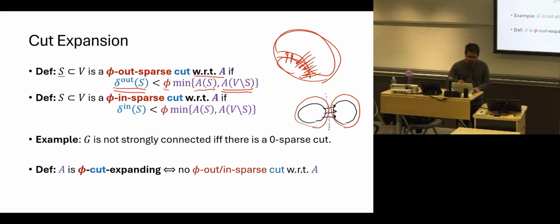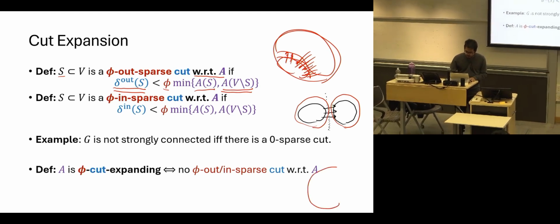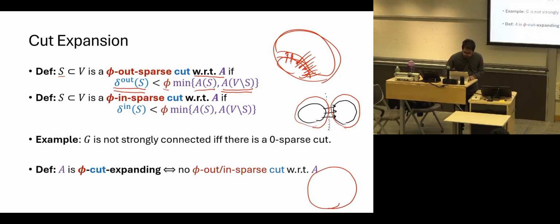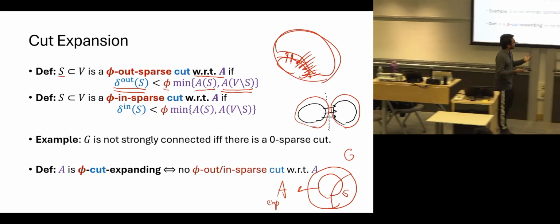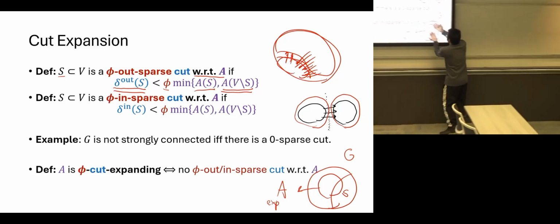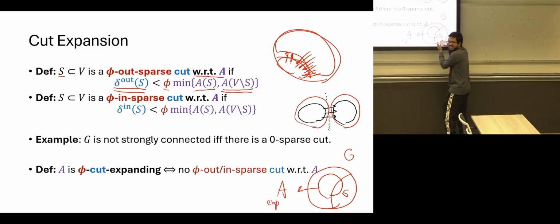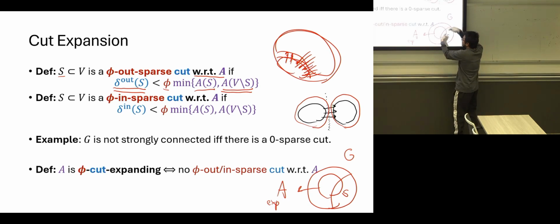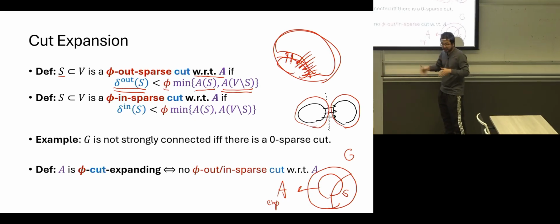So what does it mean? It means that when you look at a graph, if A is expanding, then when you take any cut, it should have both a lot of out edges and in edges compared to A. So that's what it means to be expanding in the related graph.